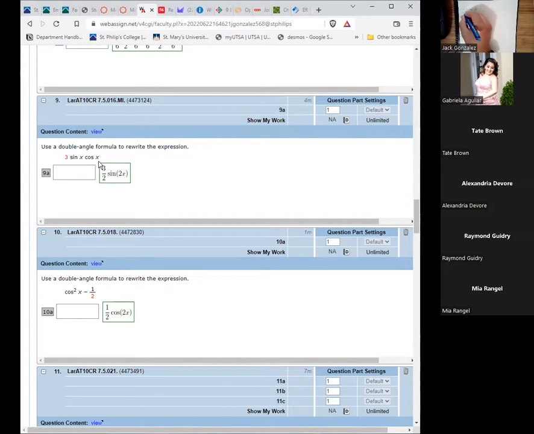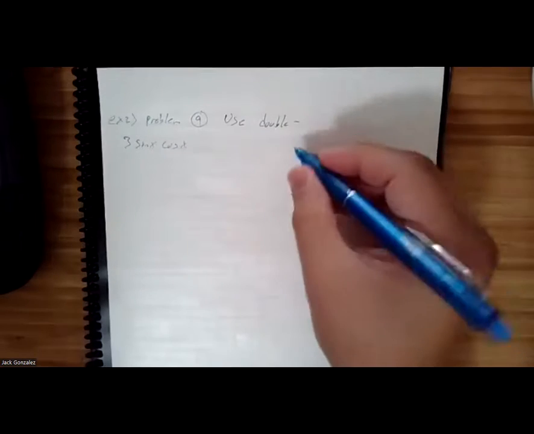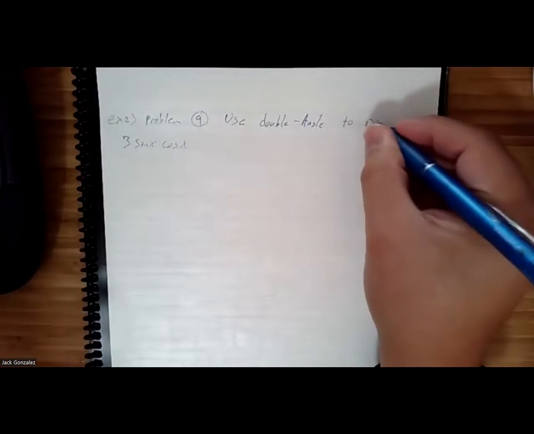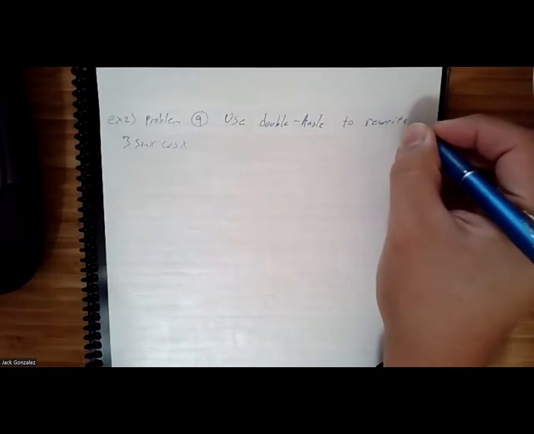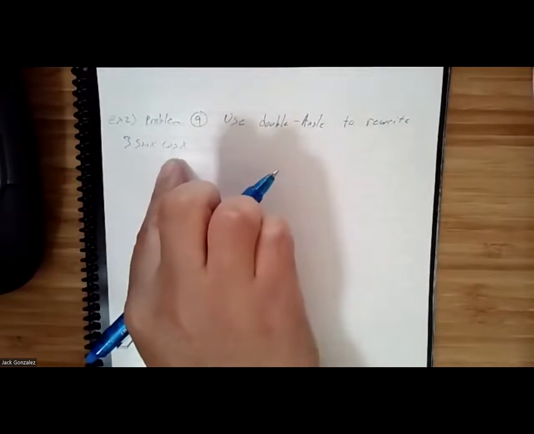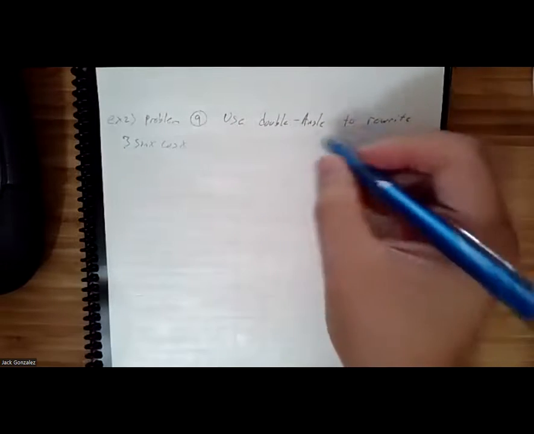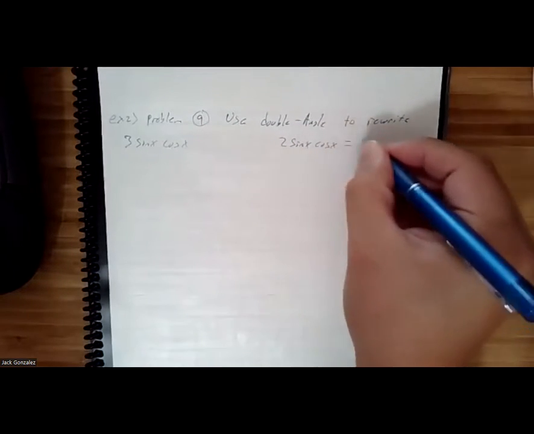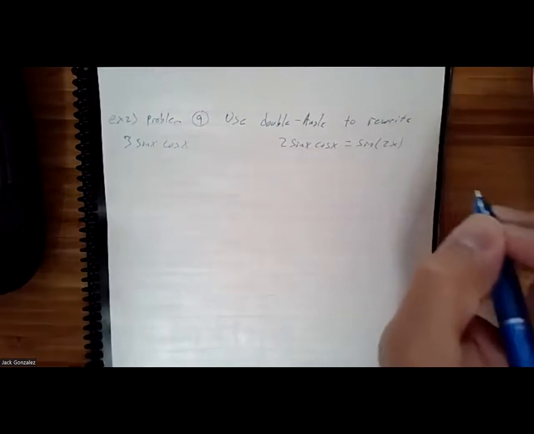Use double angle to rewrite this. We know that 2 sine cosine is equal to sine of 2x, right?